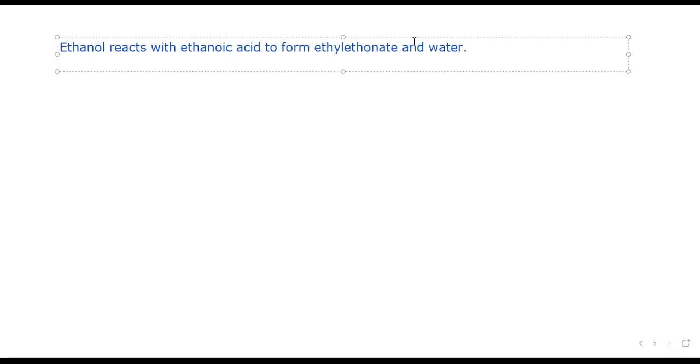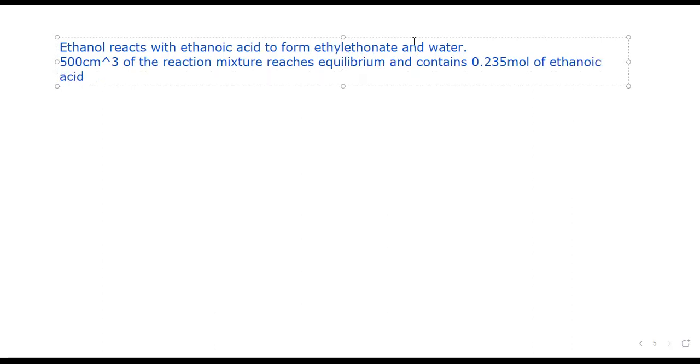Now, 500 centimeter cube of the reaction mixture reaches equilibrium and contains 0.235 moles of ethanoic acid and 0.182 moles of ethyl ethanoate and also 0.182 moles of water.